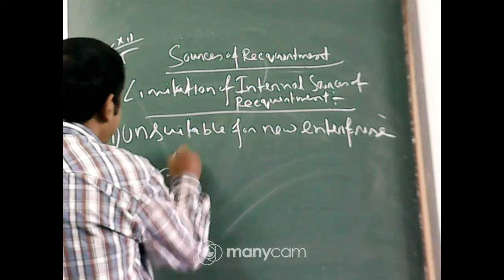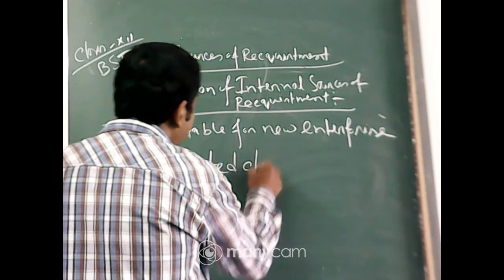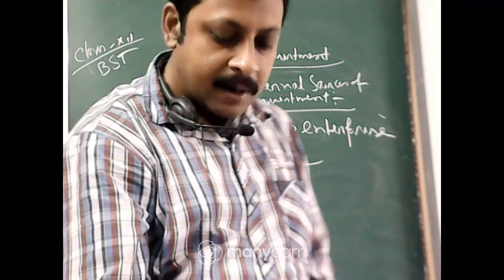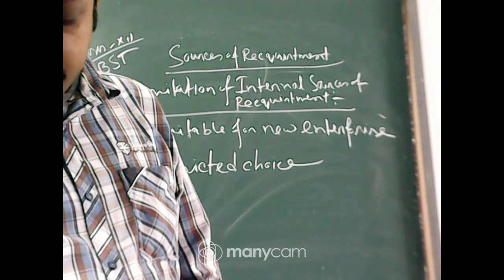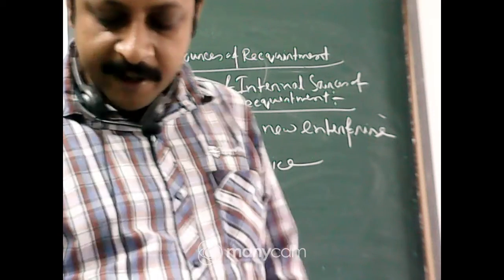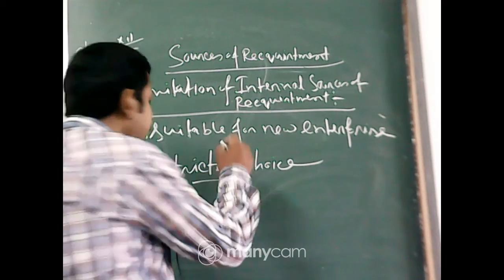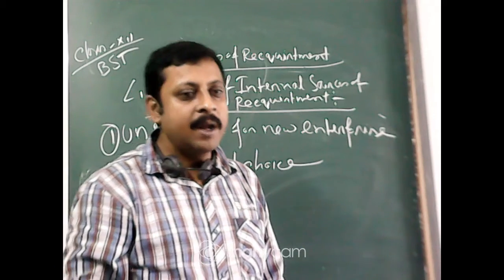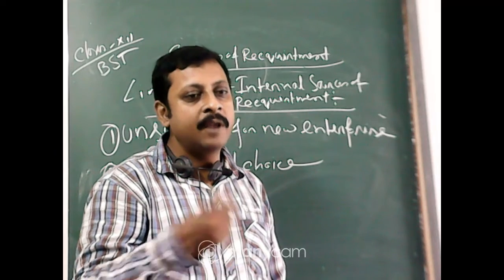Now the second is restricted choice. What is restricted choice? When vacancies are filled through internal promotion, there is a restricted choice and the scope of inducting fresh talent is reduced. When you are recruiting through internal sources, you have to take employees from your organization only, and you have to promote them or transfer them to some other department.